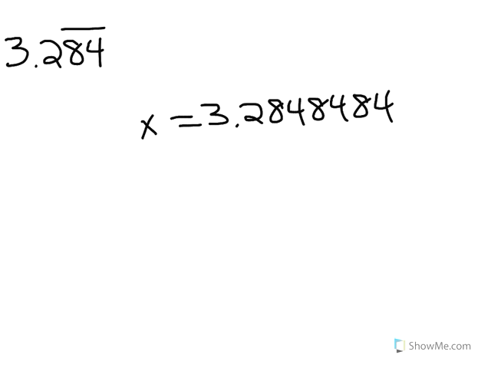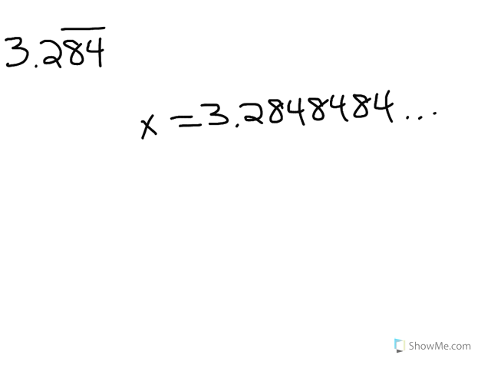Let's wrap this up with a slightly more difficult example. This time we're going to have a decimal number that doesn't start repeating until its second digit. As before, skip the first line and write x equals 3.2848484... Two digits are repeating. 10 to the second power is 100.